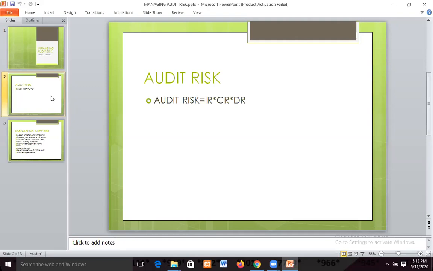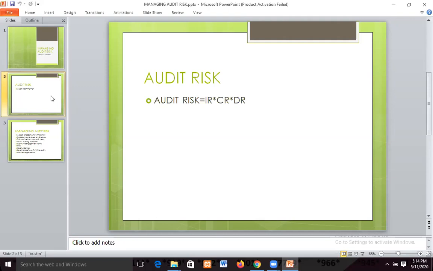Then detection risk is the risk that rests on the auditor's decisions, competence, ability, and professional due diligence. So whether the auditors have done the right thing or not in the course of the audit will determine the level of detection risk.